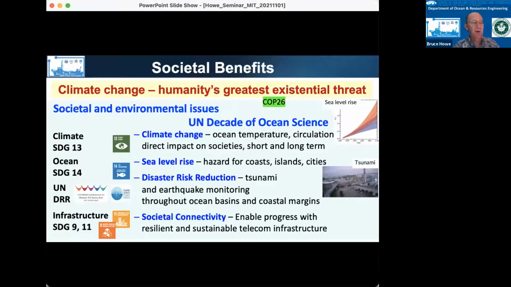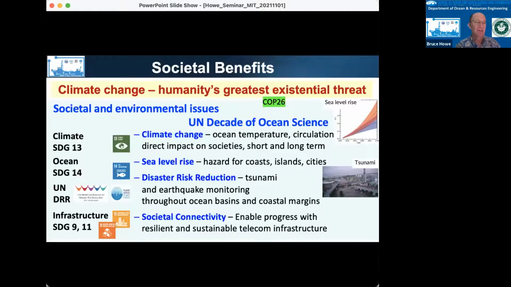So just summarizing here, climate change is humanity's greatest existential threat now. And this is being debated in the COP26 meeting going on now. And we will be addressing this, in our small way, the societal and environmental issues within the UN Decade of Ocean Science.